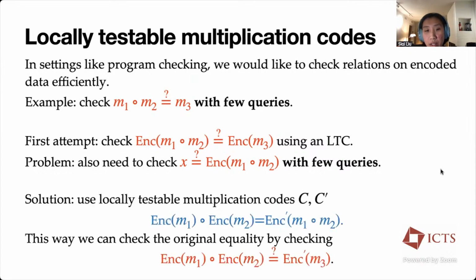One natural way of doing that is to make use of locally testable multiplication codes, C and C prime. C and C prime would have the following property. If I encode M1 and M2 under the code C, respectively, and then take the entry-wise product of their encodings, the vector I get is actually equal to the encoding of M1 entry-wise product with M2 under the code C prime.